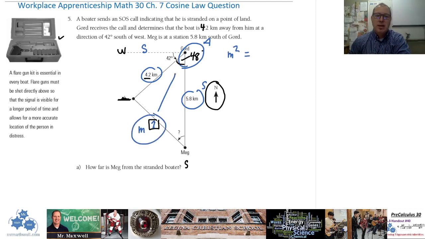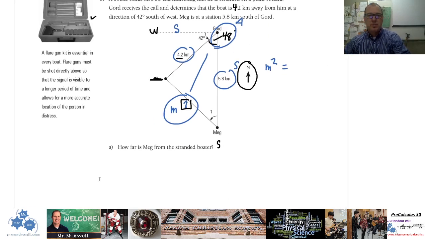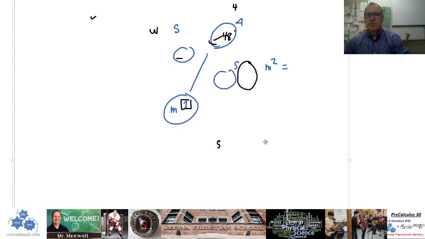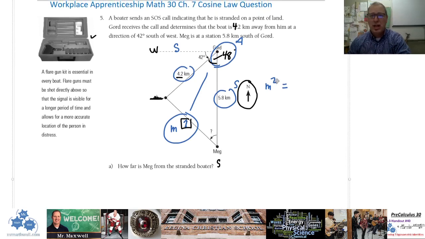And then the opposite angle there is 48, so way over here is cos of 48. That makes sense? So m squared, and then on the opposite side of the equation, cos 48.